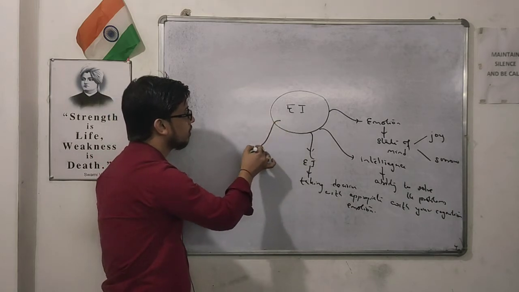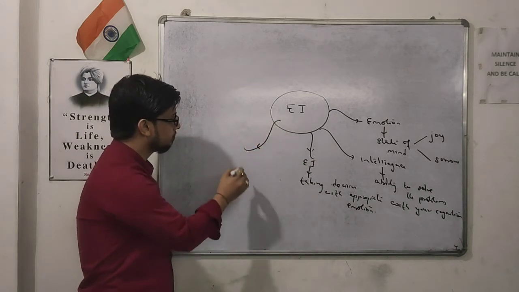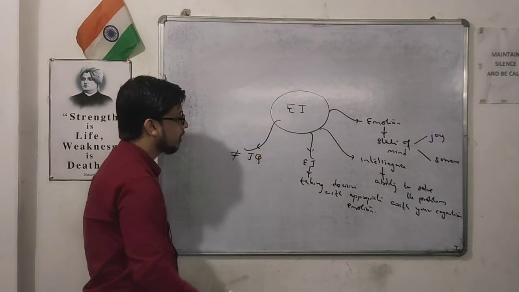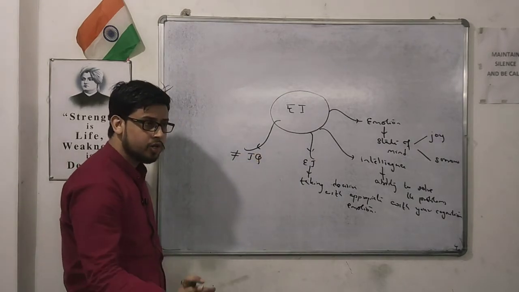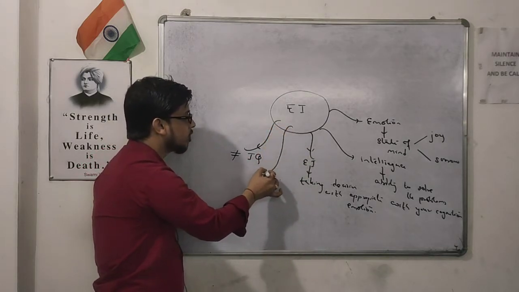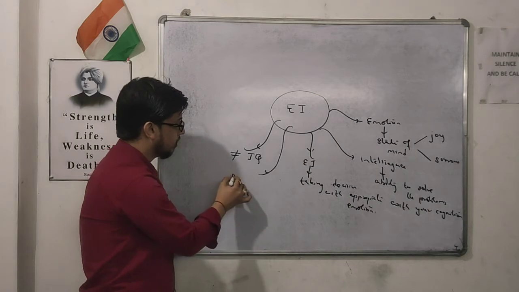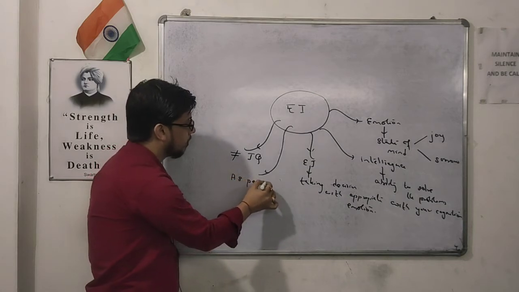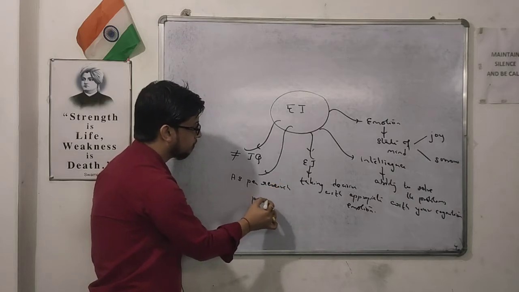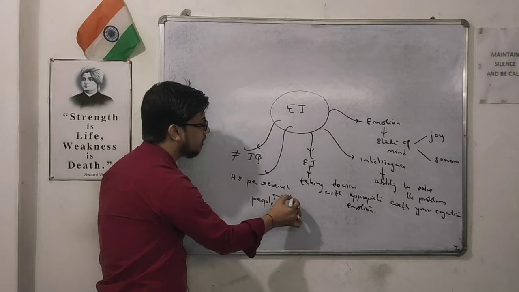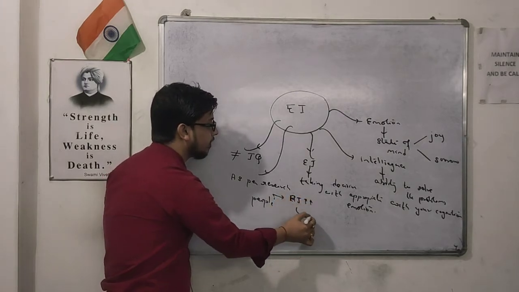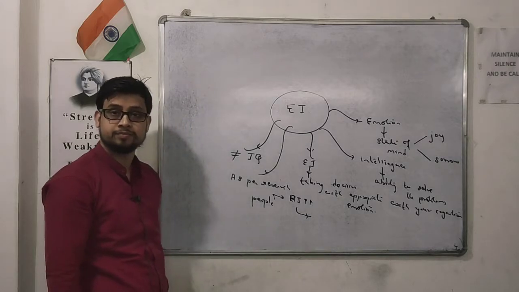So yes, it is not equal to your IQ. That is an intelligence quotient. It is not equal to intelligence quotient. As per the research, people with high emotional intelligence are successful in their life.